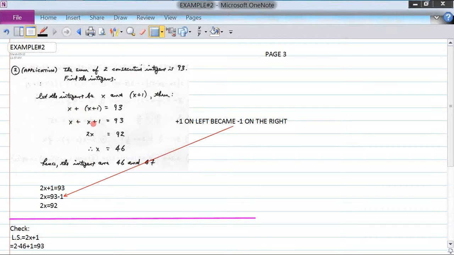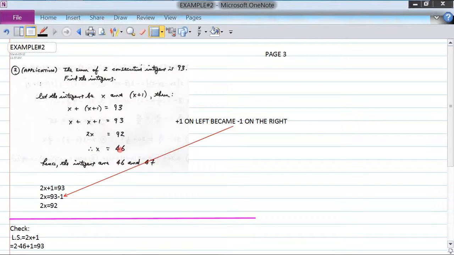Now I have 2x plus 1 equals 93. So I change this plus 1 from the left to the right, and it becomes minus 1. 93 minus 1 becomes 92. So if 2x equals 92, I divide this by 2, and I get x.